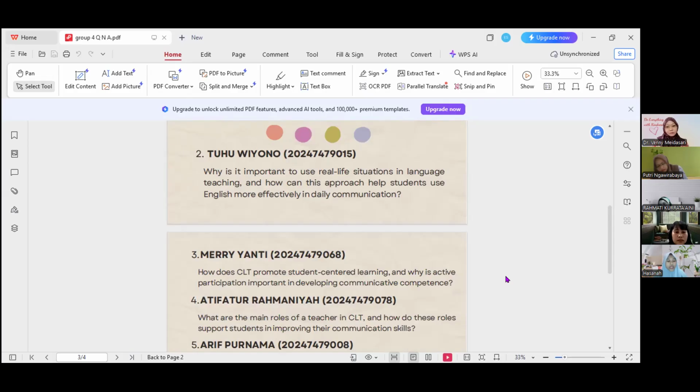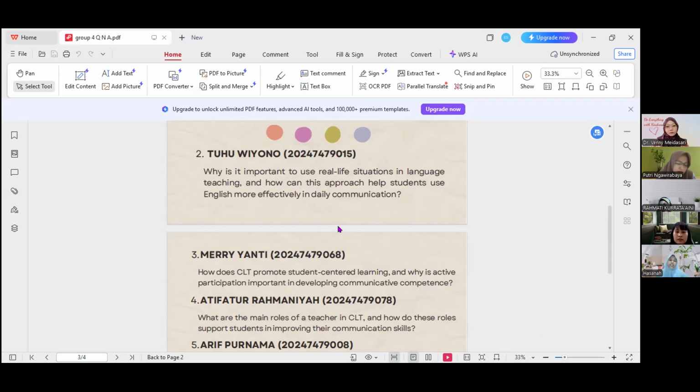Using real-life situations in language teaching is important because it makes learning more meaningful and relevant to students' daily lives. This approach helps students understand how language is actually used, so they can apply their knowledge in real communication outside the classroom.